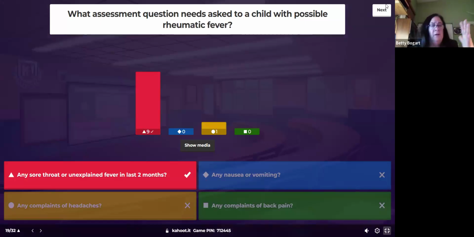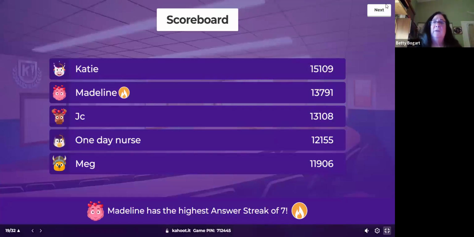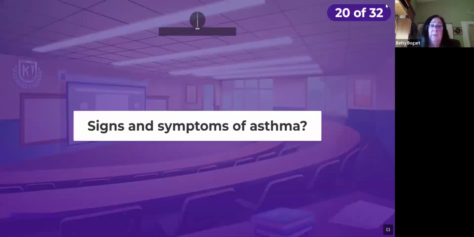So any sore throat, they don't know if they've treated it or not. Remember, rheumatic fever attacks the heart. That's the worst part about it. It attacks the valve. All the other symptoms will be taken away with long-term antibiotics, but the heart valve will always be damaged. It'll have to be treated medically or surgically.